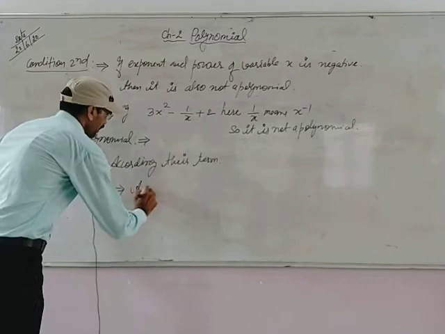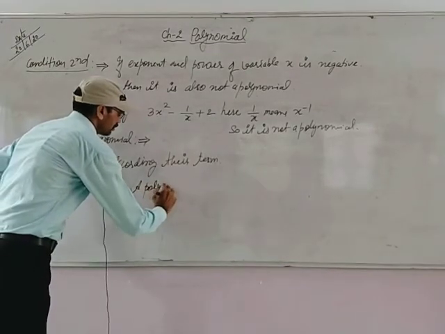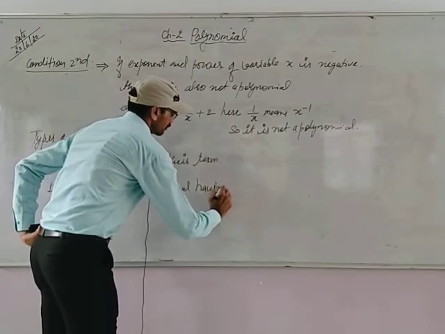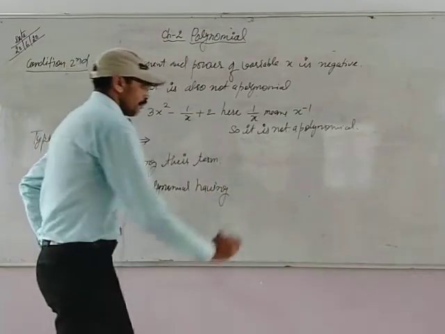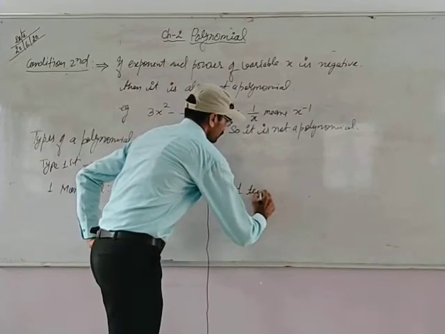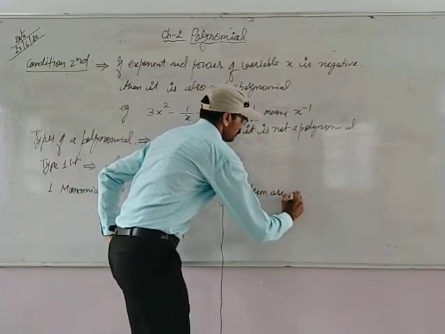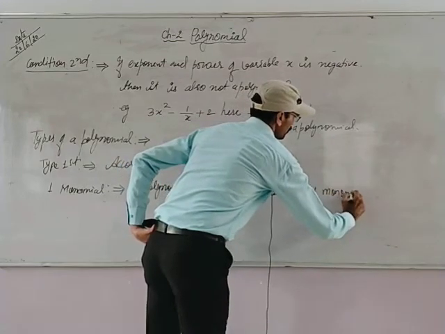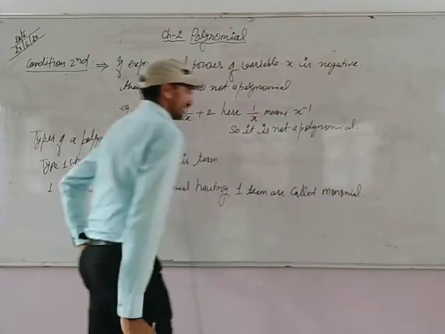A polynomial having one term is called a monomial.